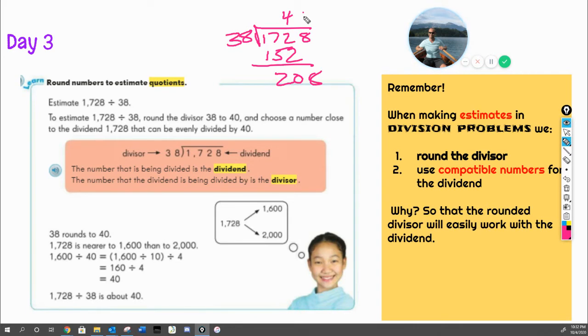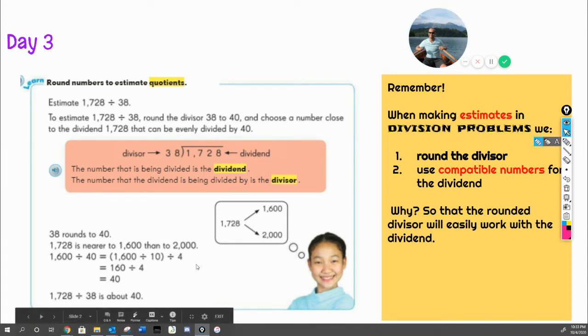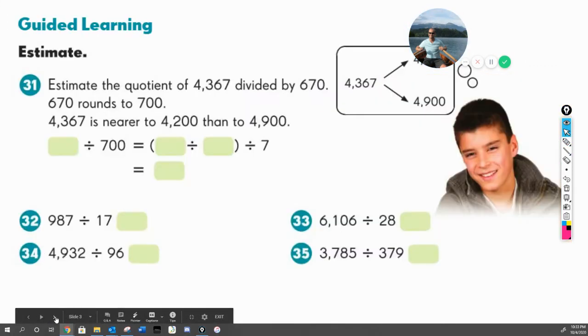Now, you weren't asked to do this, but I use the estimation twice. How many 40s in roughly 1,600 or 1,700, and then how many 40s in 200. So the estimation is just huge for the actual division itself. That's really, I think, the main reason why we're working on it here. But I think you're only going to have to estimate today.